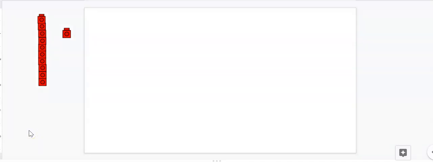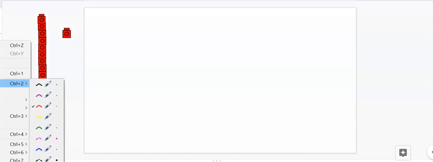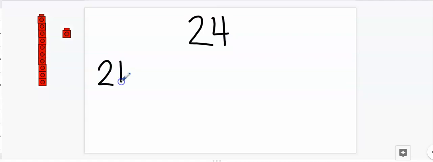So let's review a little bit of what we learned today. And I'm going to get my pen out. So let's look at one of the first numbers that we talked about. The number 24. So we said we could make 2 10s and 4 1s.